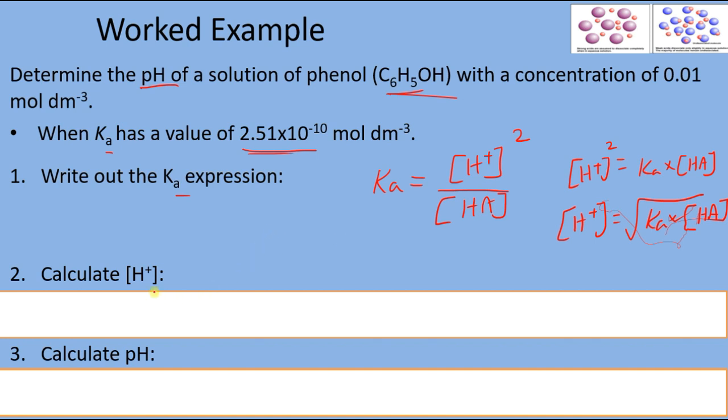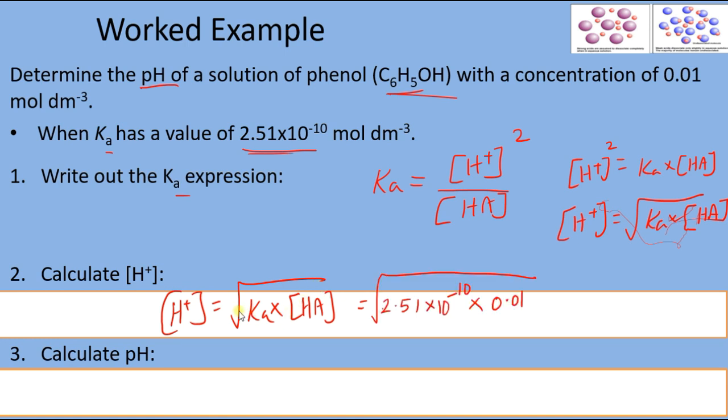So calculate H plus, we've done that here, so I'm going to rewrite that expression here because that's gone a bit messy. Okay, so HA. There I have just put the expression and substituted Ka from what's given here into that, and then the concentration of the phenol given there, so I put that here, concentration of the acid.